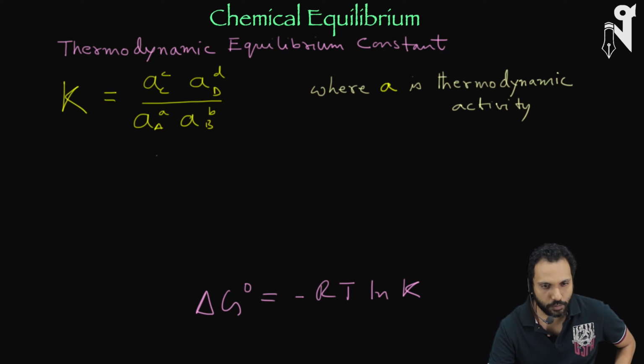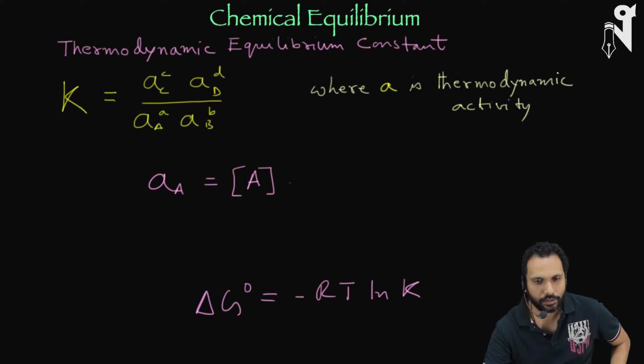The point is, the activity of the compound A is not straight away the concentration of A. It is the concentration of A multiplied by a factor, which you can call the activity coefficient.